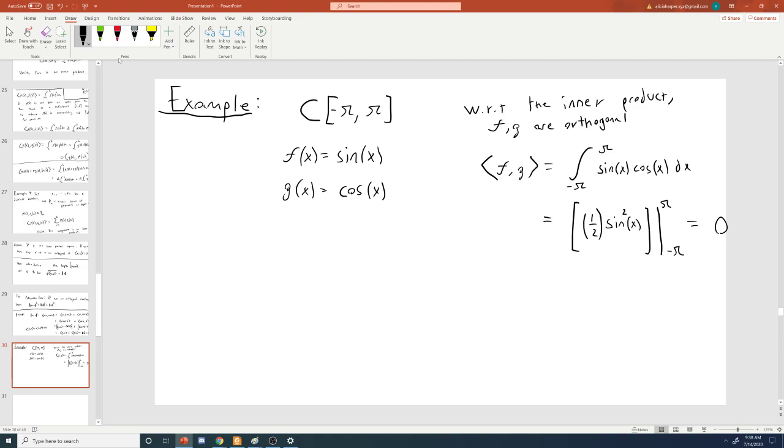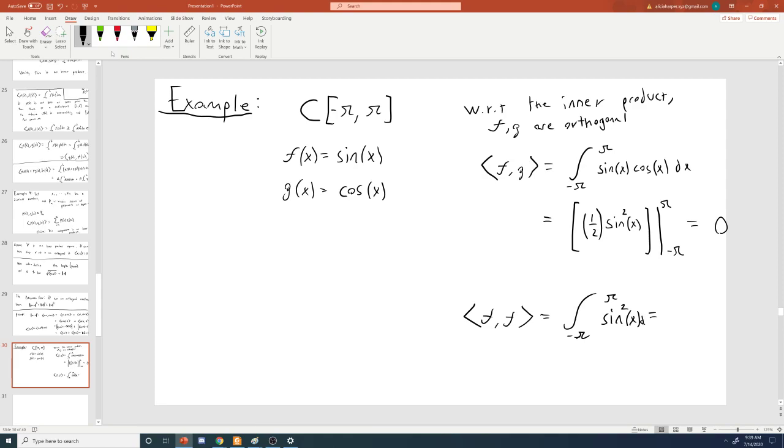We can also observe that if we compute the inner product of f with itself, this is the same thing as the integral from negative pi to pi of sine of x squared, which you can verify just by, say, using the half angle formula from trigonometry.